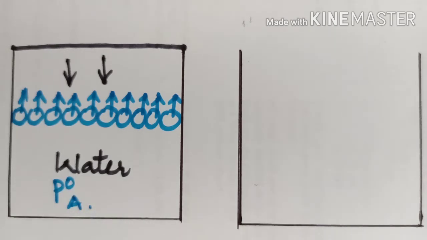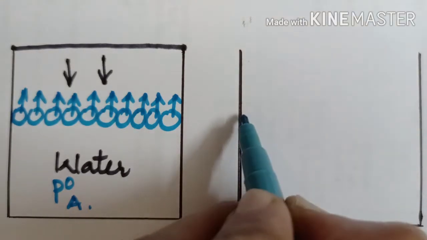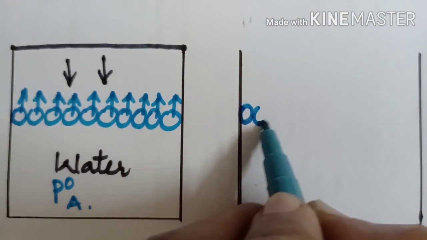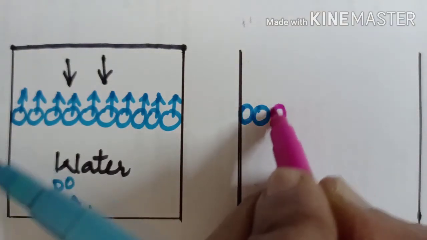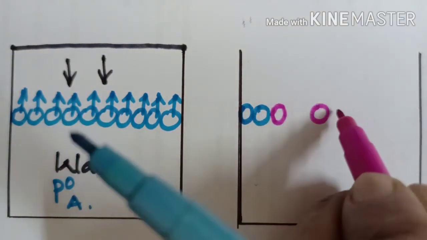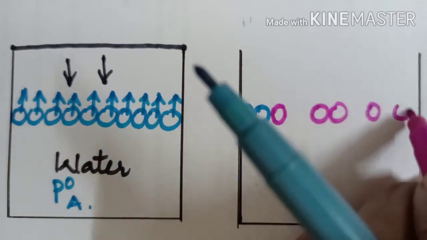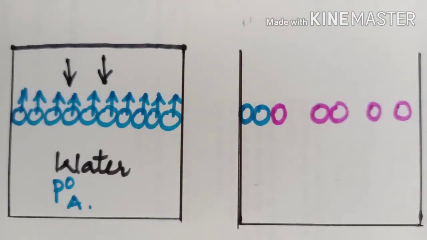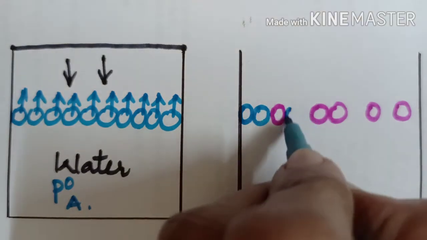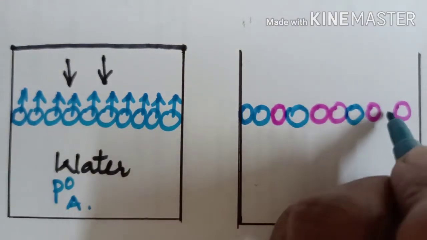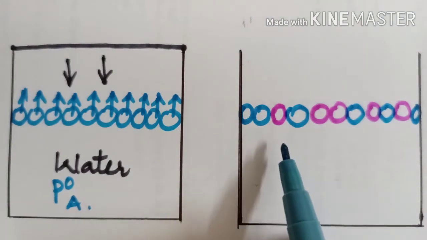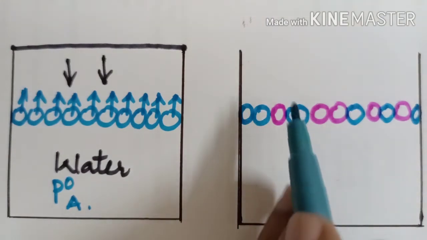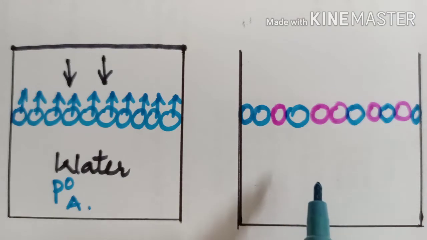Now I'm adding some amount of salt to it. On adding salt, some molecules of salt will be occupying here and there. So the number of water molecules present on the surface will evidently decrease. Salt will not change into vapor, it is a non-volatile substance.